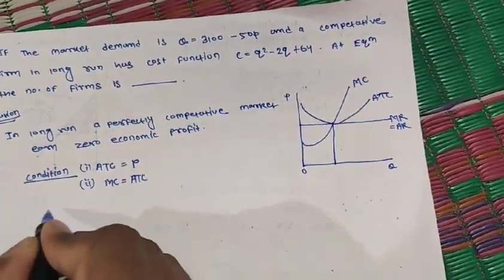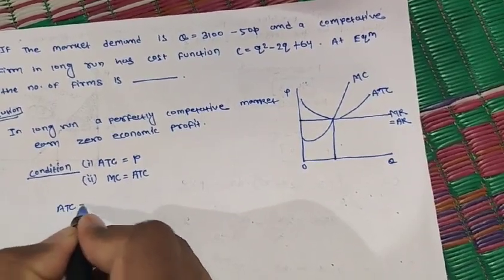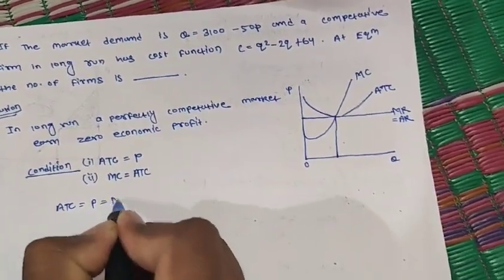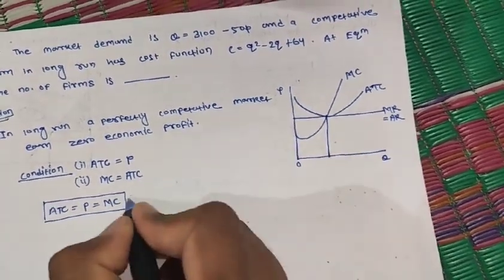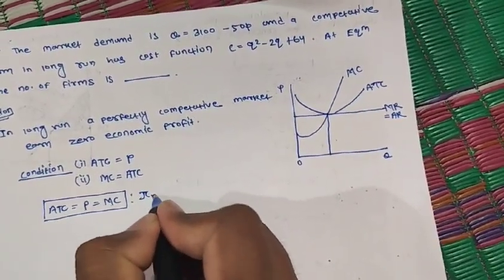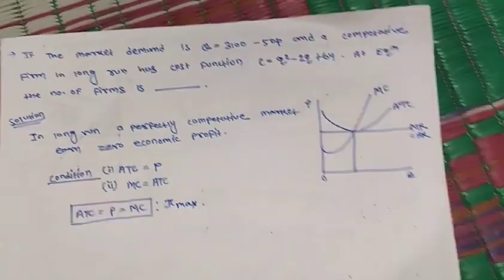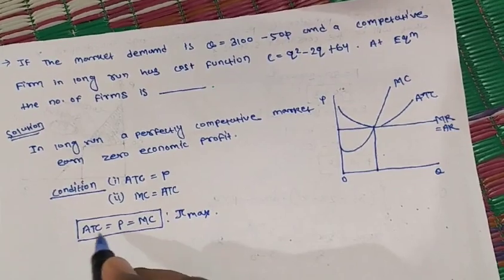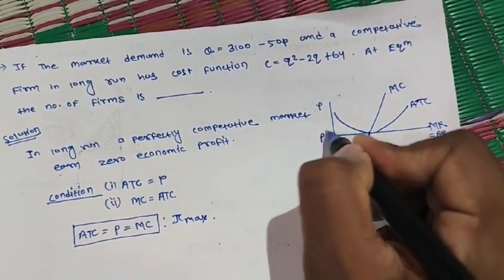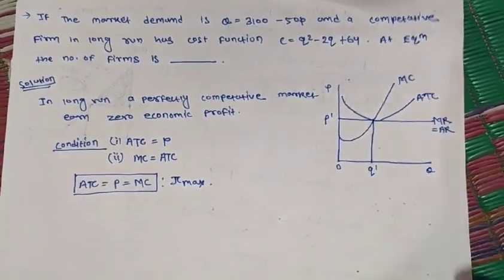That means ATC should be equal to price, which should be equal to marginal cost. This is the equilibrium condition of profit maximization in the long run in a perfectly competitive market. Now we have to find the average total cost. This is P dash, this is Q dash.